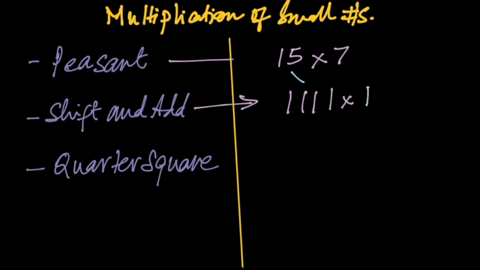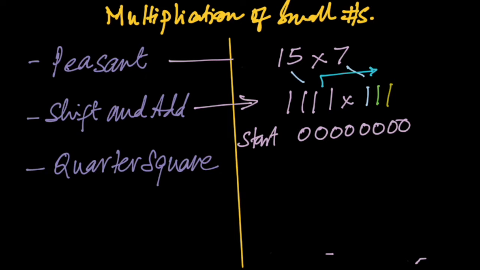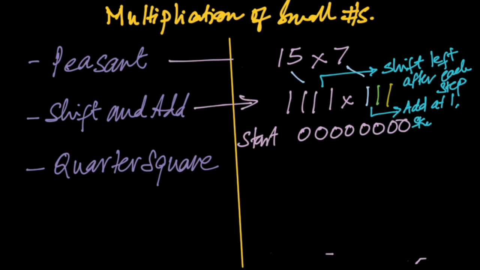So in shift and add, we start with 0. At each step we shift left, then for 1 we add, and if it is 0 we skip adding and move to the next number. So let's see this in this example. We start with 0, then for this one we add it and then we shift it.